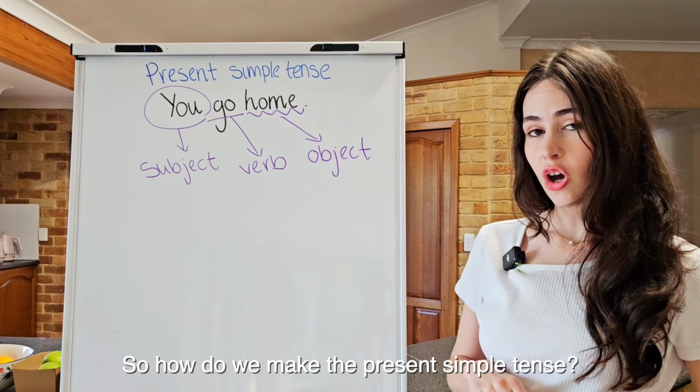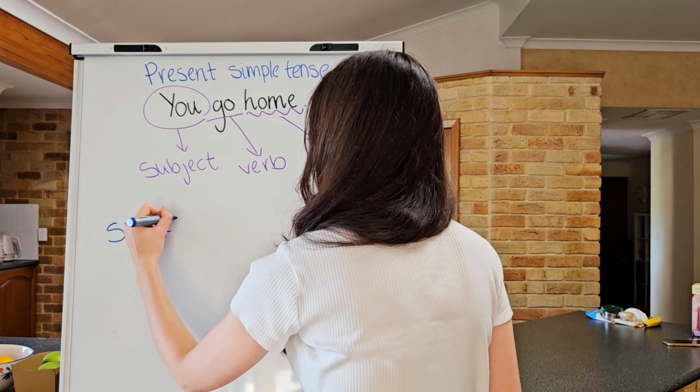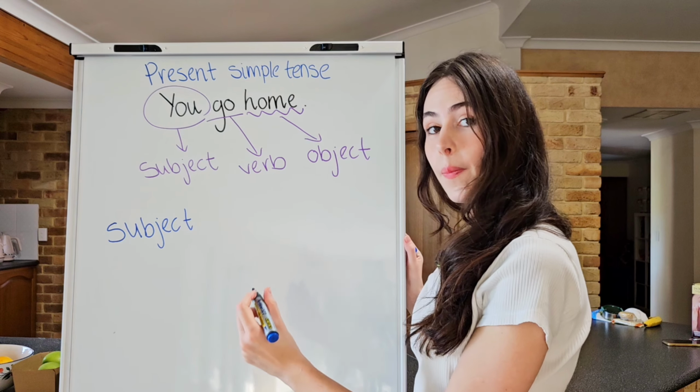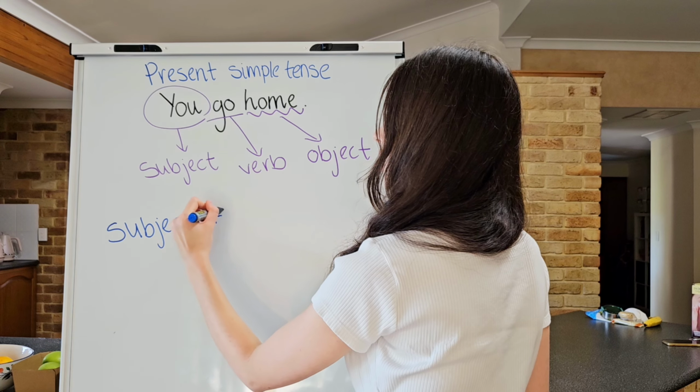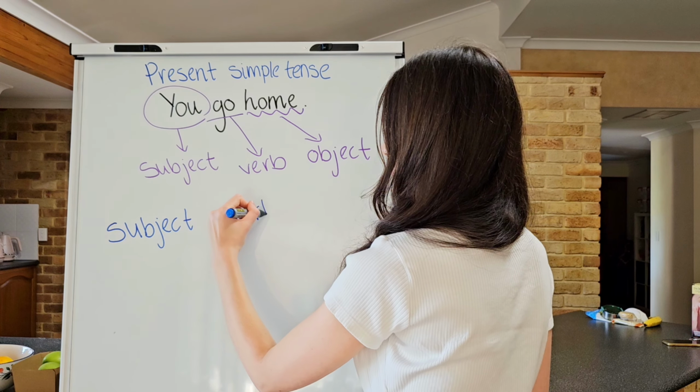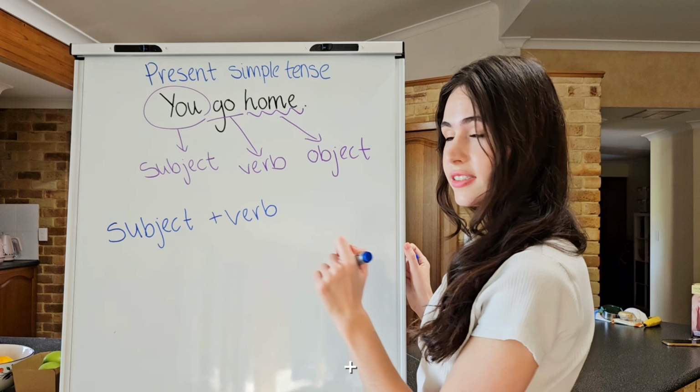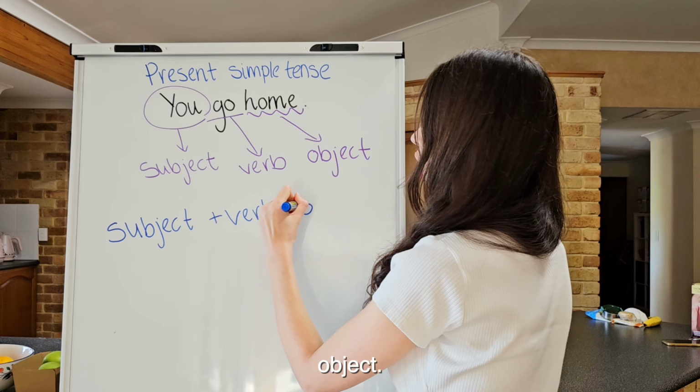So, how do we make the present simple tense? Subject plus verb plus object.